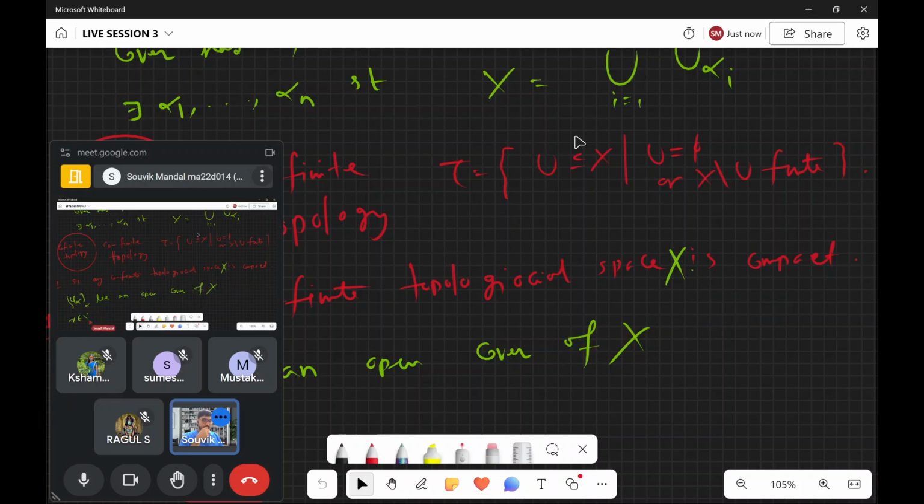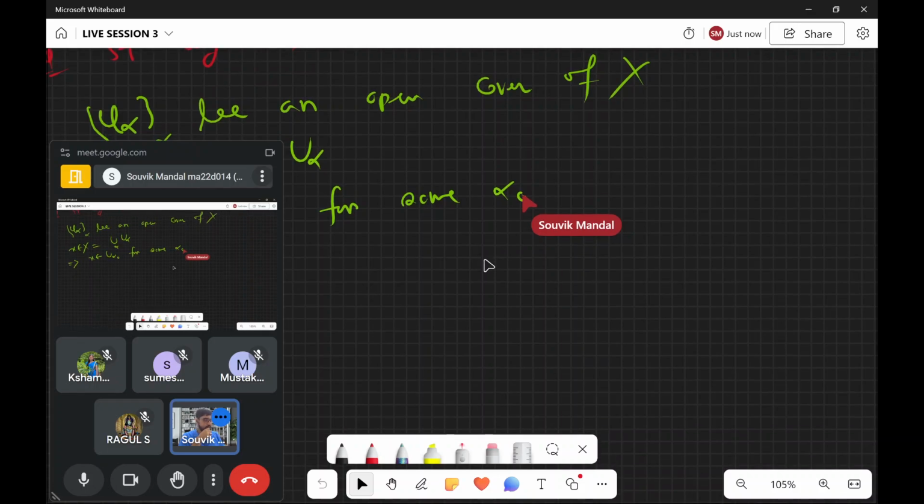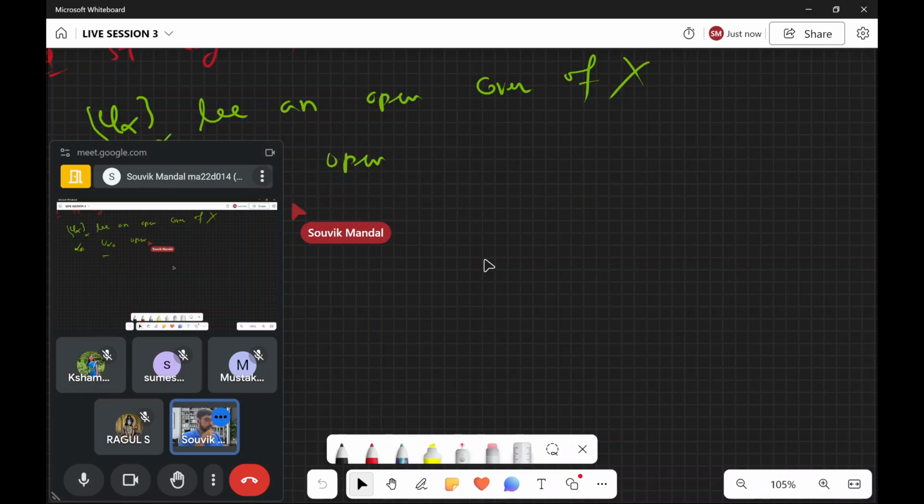So take x belonging to X. This implies x belongs to the union, so x belongs to U alpha naught for some alpha. So actually there is nothing to it. Choose alpha naught, and in that case the complement of U alpha naught is X minus U alpha naught, which is finite, because U alpha naught is open and nonempty.